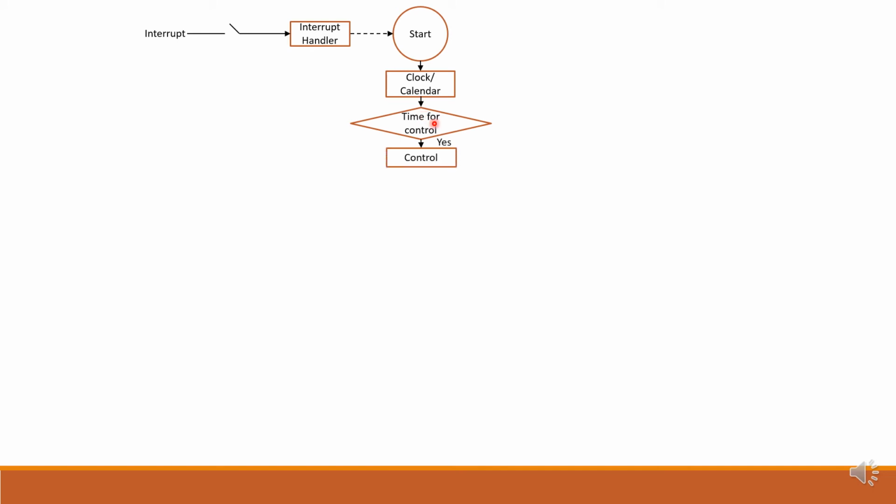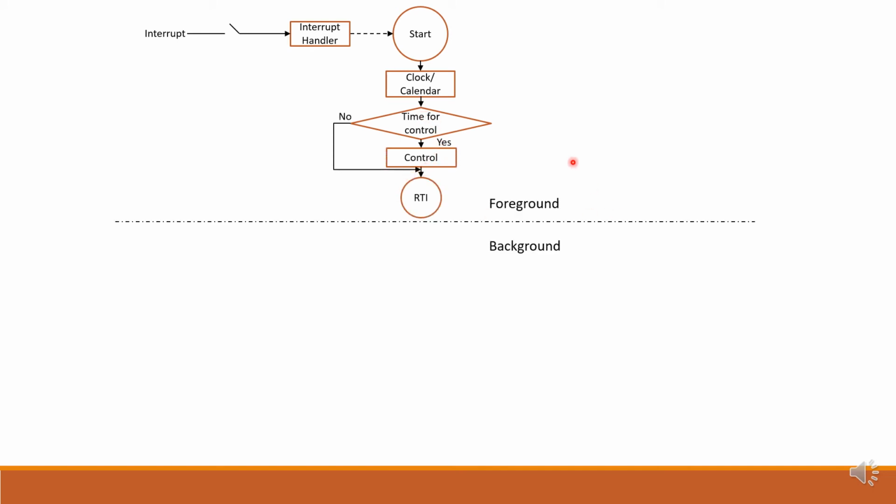So in this basic diagram, we can see that this is a flow chart to understand foreground and background approach. So here the same single program approach flow chart is being taken. However, it is modified according to the foreground and background approach. So we know that all the highest priority tasks are foreground tasks. So hence we have segregated or separated or partitioned, anything we can tell. So we have partitioned clock or calendar module and control module because these are with hard time constraints.